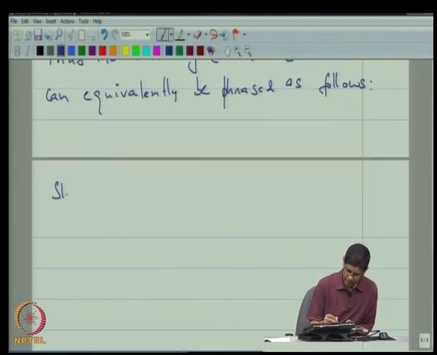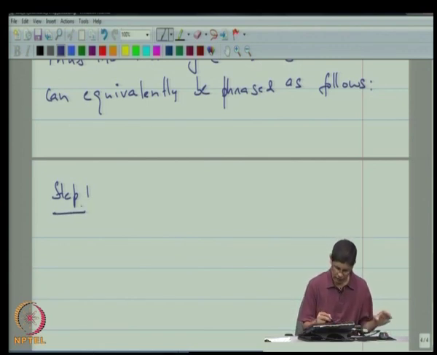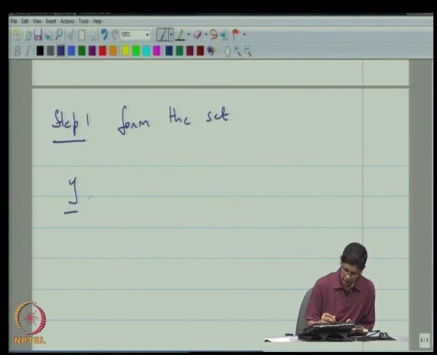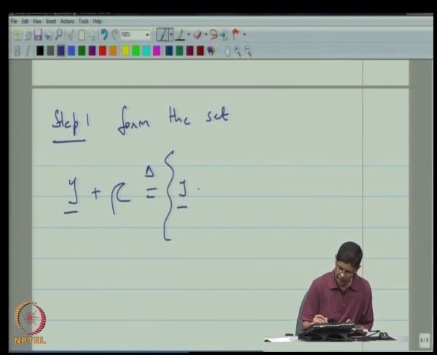Step 1, form the set y plus C, which is defined to be y plus c where c belongs to the code.